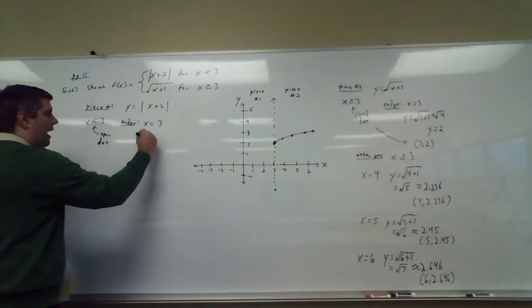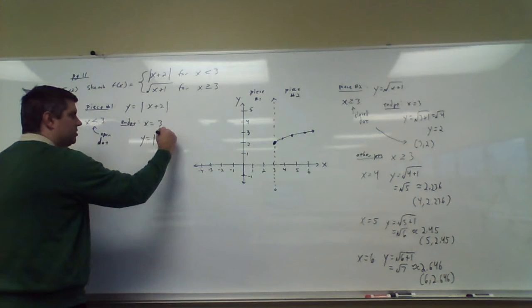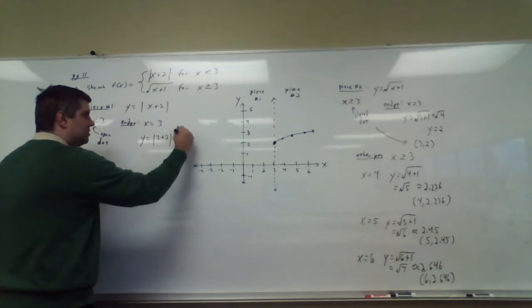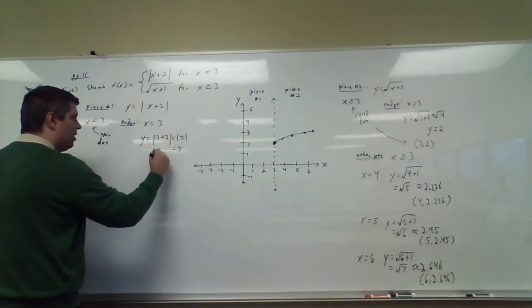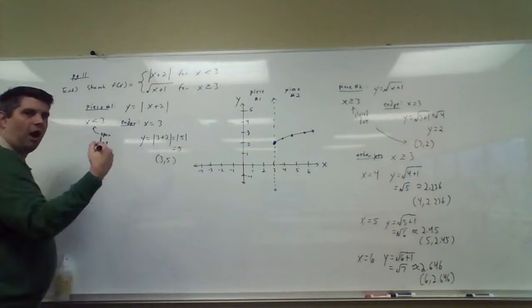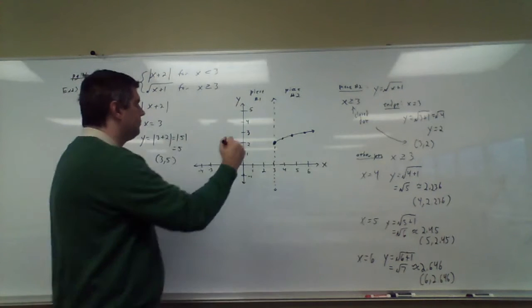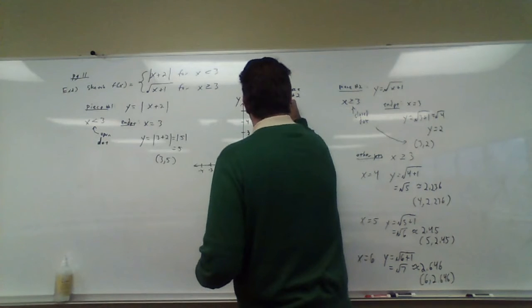Let's plot. y equals the absolute value of 3 plus 2, which is the absolute value of 5, which is just 5. So it's (3, 5). I'll go ahead and plot it with an open dot.